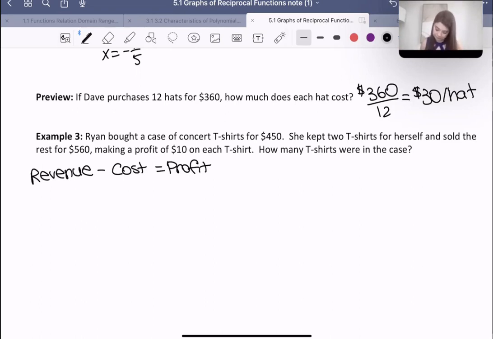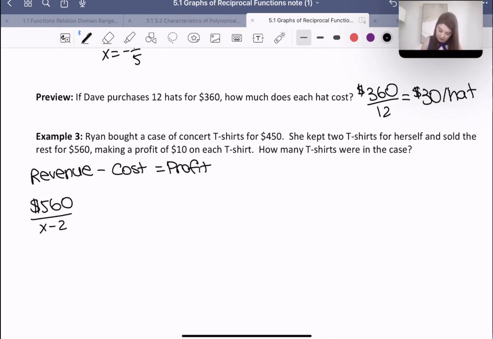Okay. So it says that she sold all of these for $560, right? $560 is how much she sold them for. And so in terms of that, it's going to be 560 over x minus 2, right? Why x minus 2? Because she kept 2 for herself, right?